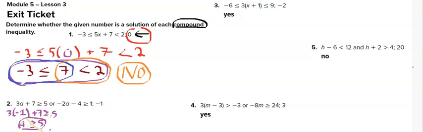Okay. Let's go to the second part of this compound inequality. So you've got -2 times -1, minus 4, and we want to know whether it's greater than or equal to what? 1.